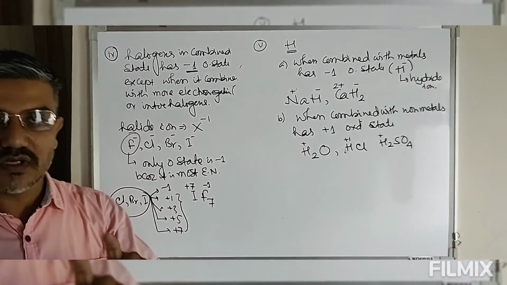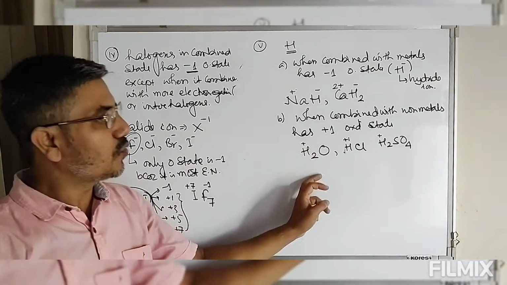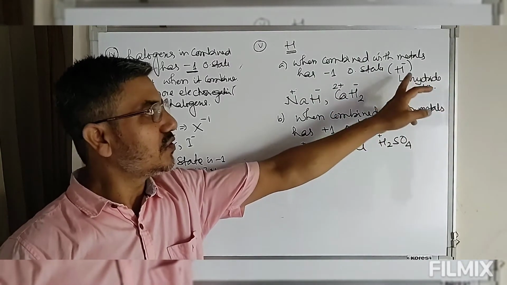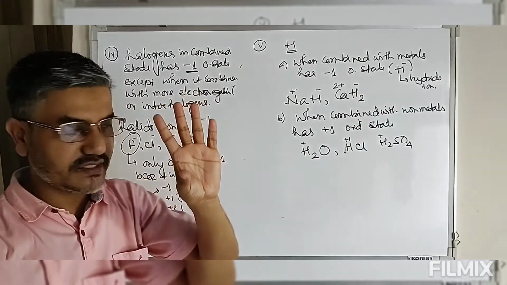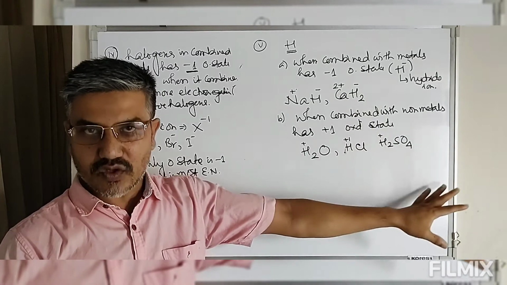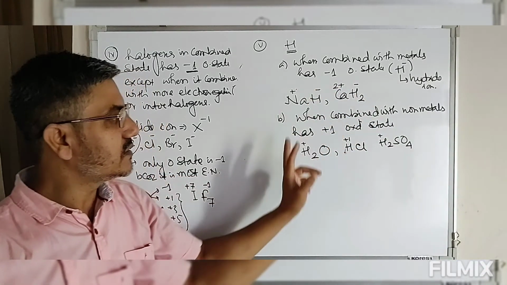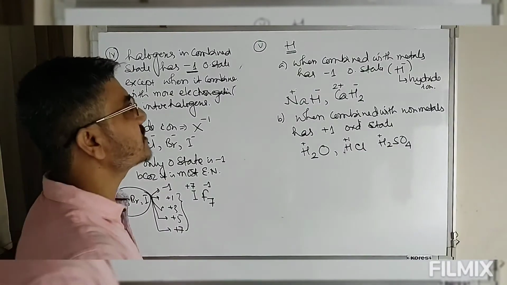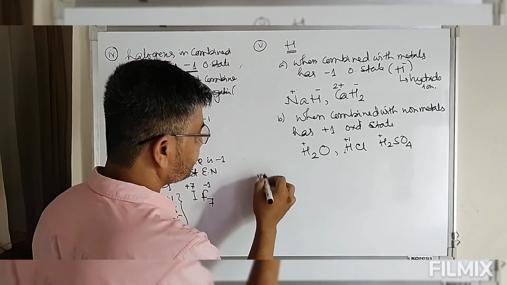So hydrogen shows +1 and -1. When bonded to metals, as the hydride ion, hydrogen has -1 oxidation state. But if bonded to non-metals more electronegative than hydrogen, the charge on hydrogen will be +1. So this is the case of hydrogen.